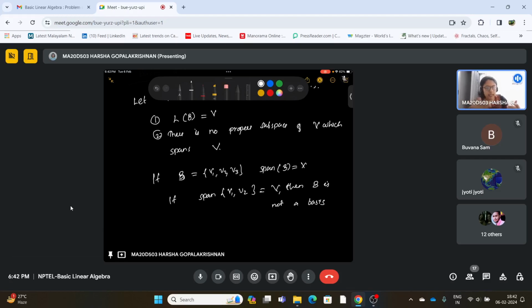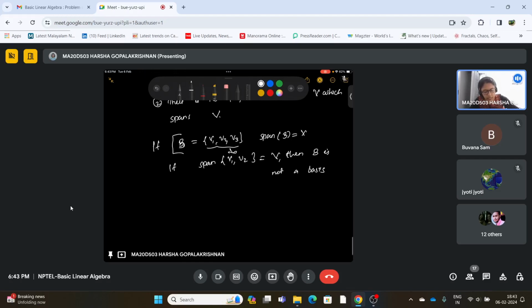This is what the second condition says. If a subset of B, like {v1, v2}, itself spans the space V, then B cannot be seen as a basis.